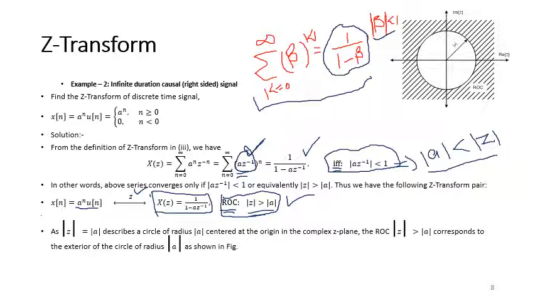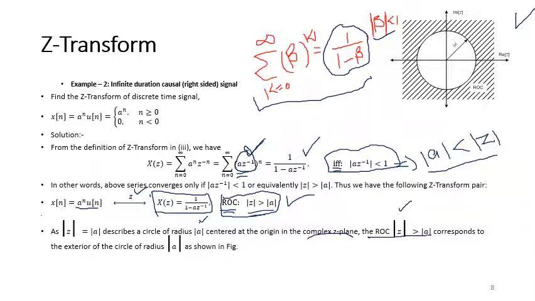Now, the absolute value of z equal to the absolute value of a describes a circle of radius a at the origin in the complex z plane. So the region of convergence will be all those values where the absolute value of z is greater than the absolute value of a.